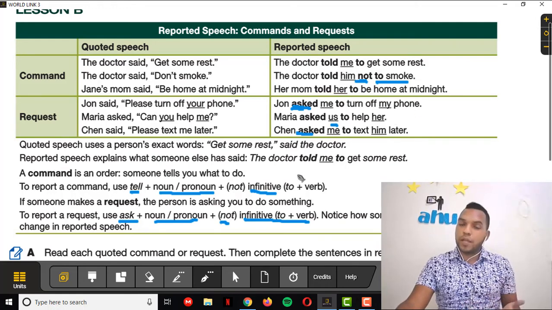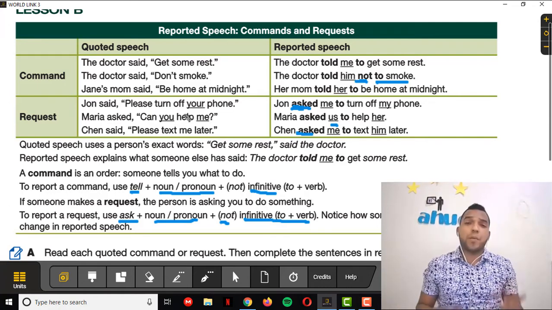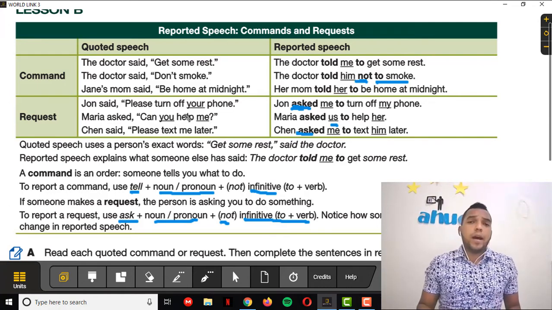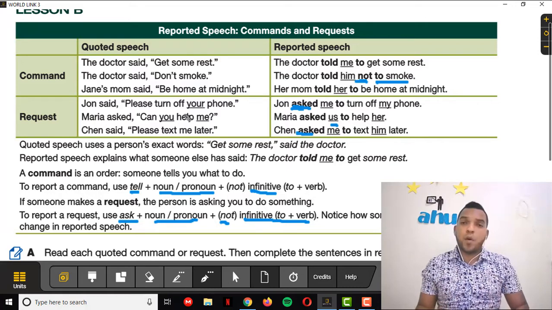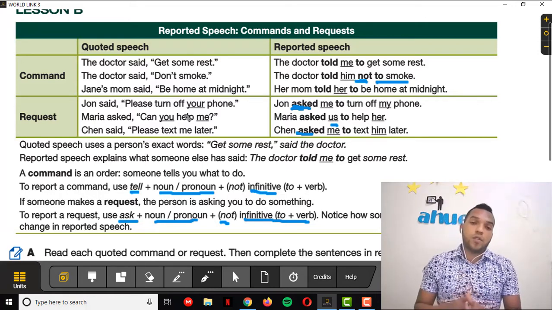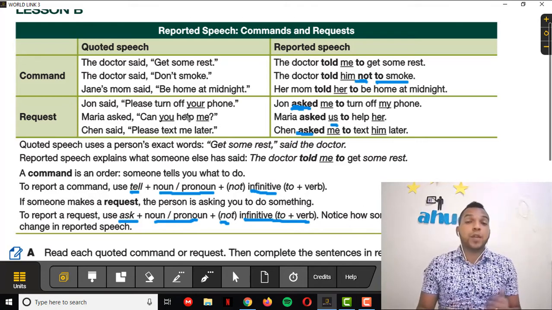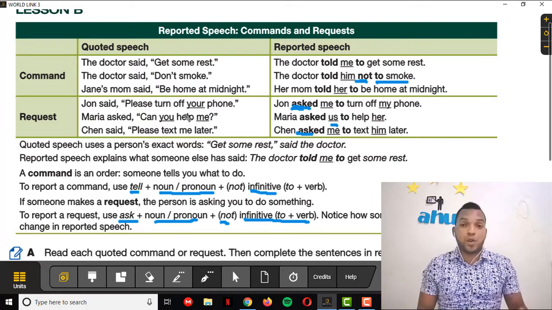So actually, guys, this is the only explanation about the reported speech. I try to explain it slowly so you can understand everything with all the details and some examples, because it can be a little bit confusing. Reported speech can happen in the present, it can be also in the future, or also as a possibility, or all of those things.